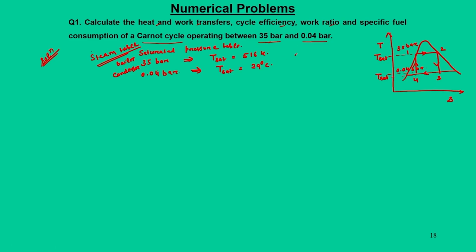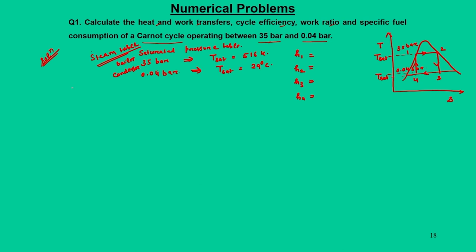We require the information of H1, H2, H3 and H4. These 4 numbers we require, so we have to get the data from the steam table.